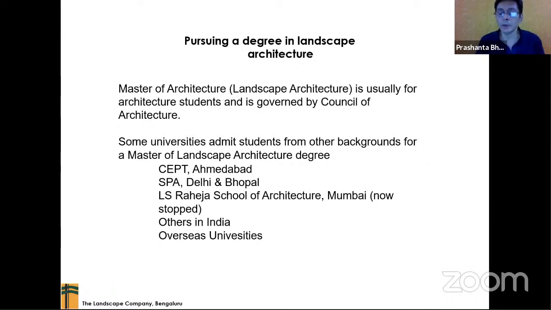What you have to bear in mind is that because of COVID in the past 1.5 years, the response from many of the other allied fields has sometimes been low. So they vary depending on intake. Please write to these universities and check what their admission criteria are.